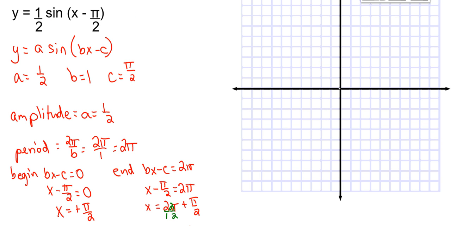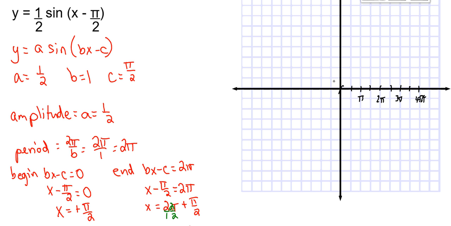So let's go pi over 2, 1 pi, 3 pi over 2, 2 pi, and then 4 pi. I'll just go out to 4 pi there.